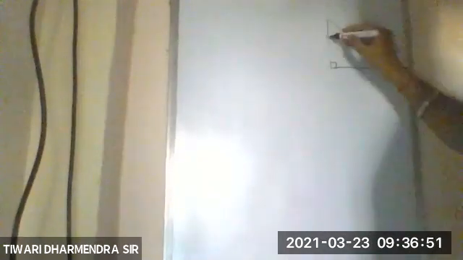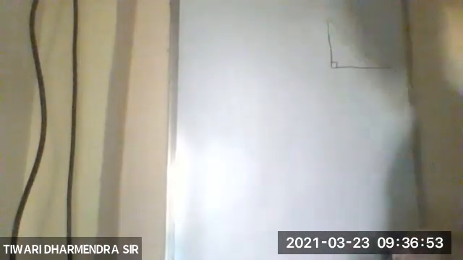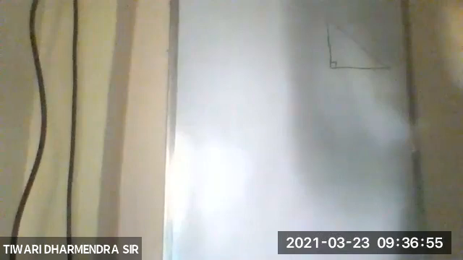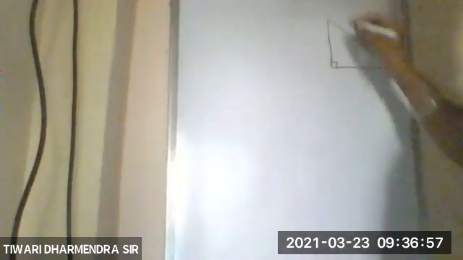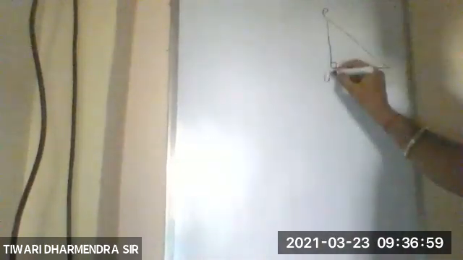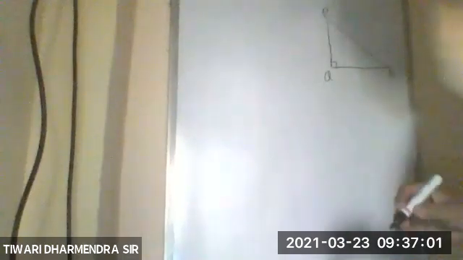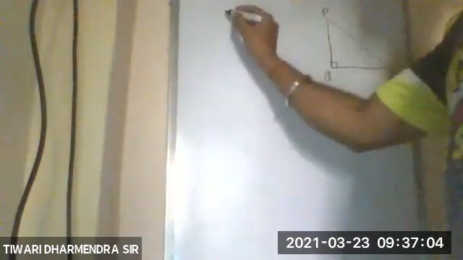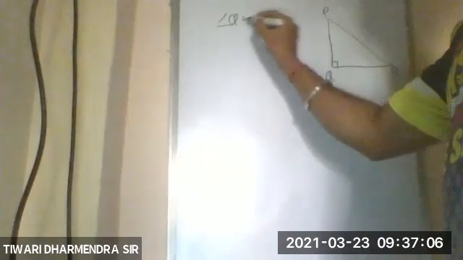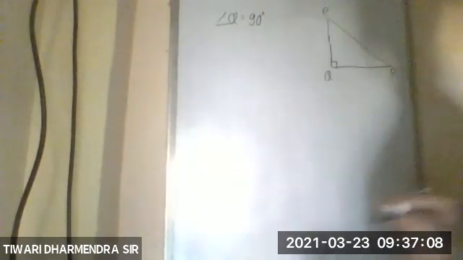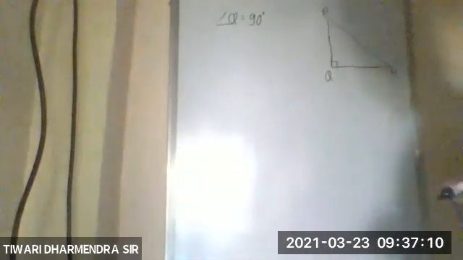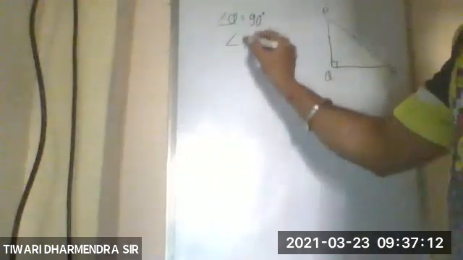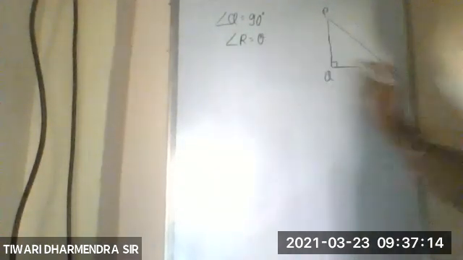So here we are having a right angle triangle. The next example says, in a right angle triangle PQR, angle Q is 90 degrees. Angle R is theta. So this is theta.